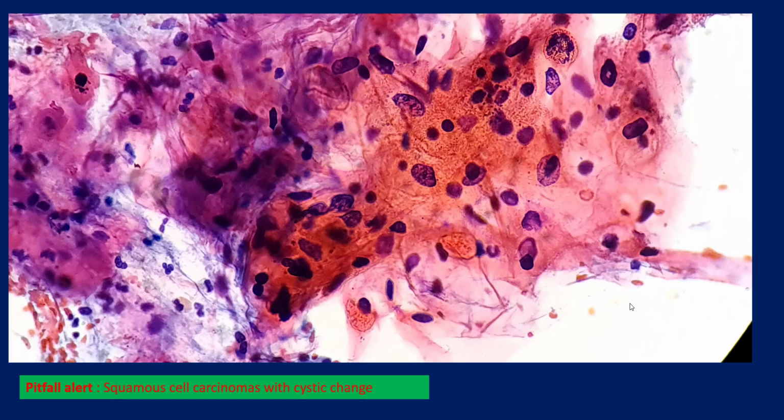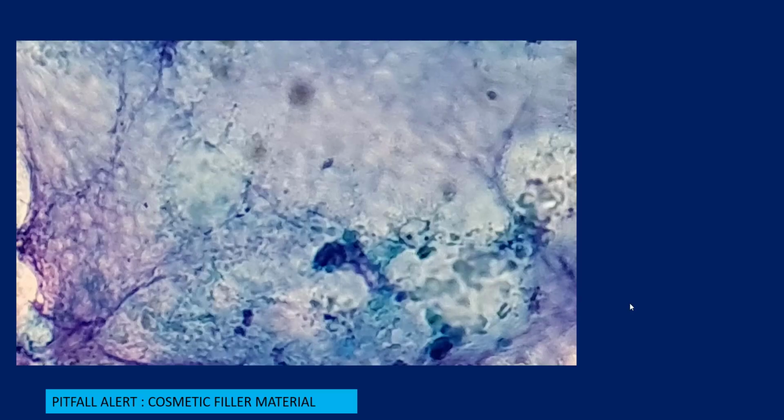And to add to the complication, as we have discussed in the previous talk, Warthin's tumors can show highly atypical looking squamous cells. So on both sides, it could create a lot of confusion. So remember these facts. This is another pitfall alert, which as far as my practice is concerned, I've been seeing quite a lot of in the last few years.